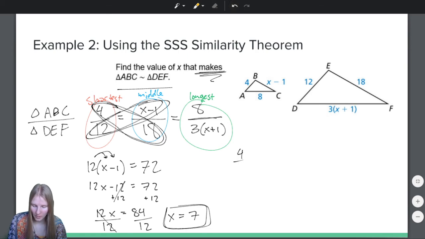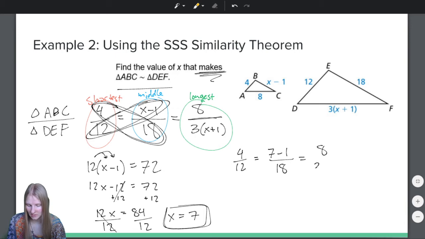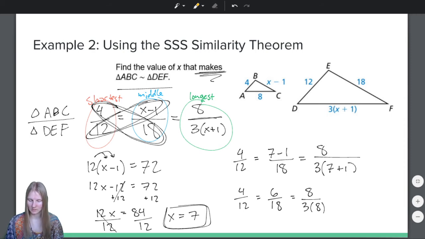So, 4 over 12 equals 7 minus 1 instead of x minus 1, 7 minus 1, over 18, which equals 8 over 3 times 7 plus 1. Let's simplify. This is 4/12 equals 6 over 18, which equals 8 over 3 times 8, which is 24. All of these ratios are equal to 1/3.